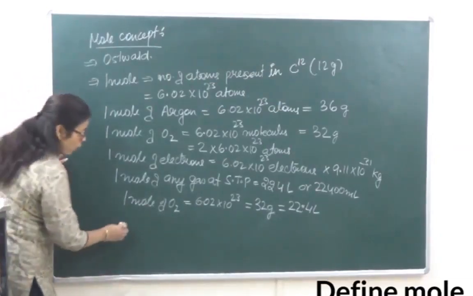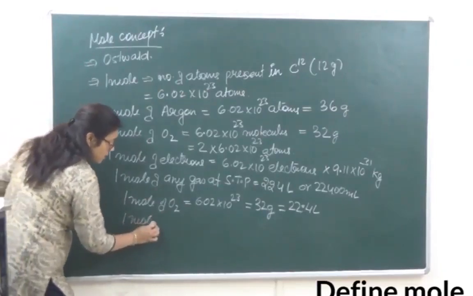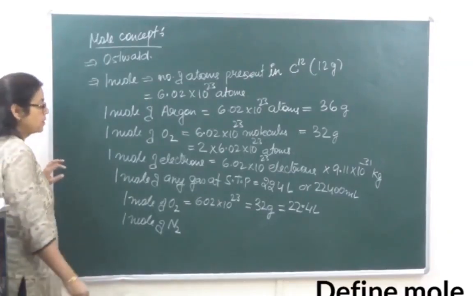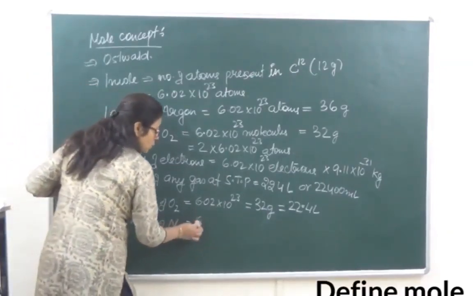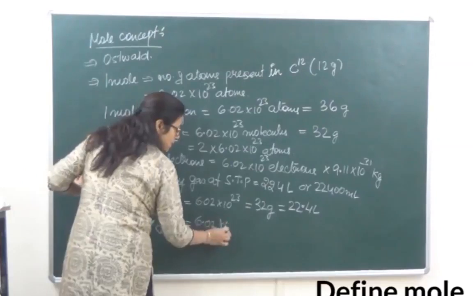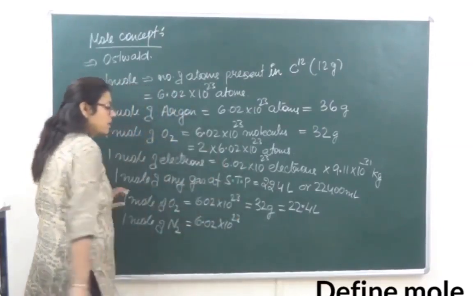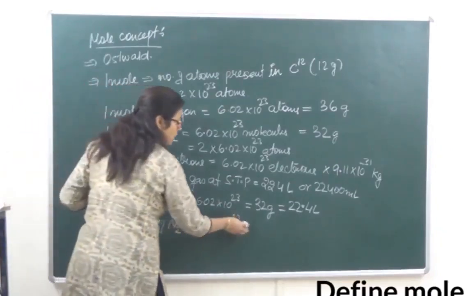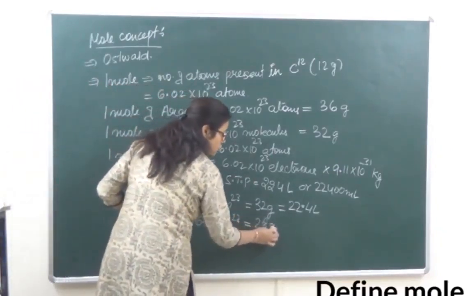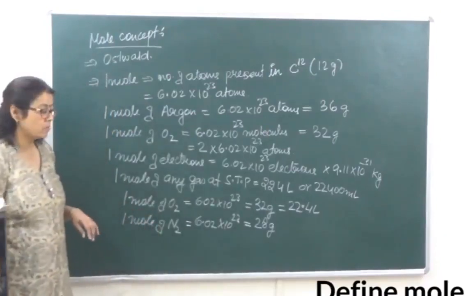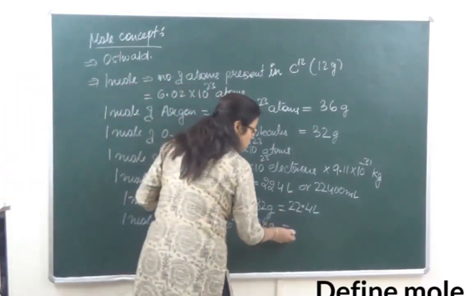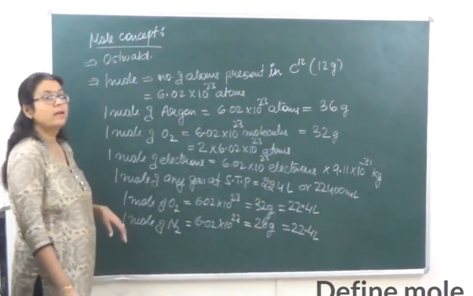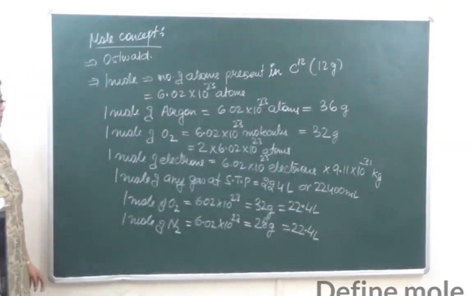In the same way, let us take one more example: 1 mole of nitrogen, which is equal to 6.02 × 10^23 molecules of nitrogen, which is equal to the gram molecular mass of nitrogen, 28 grams, and which is equal to again 22.4 liters of volume. Okay?